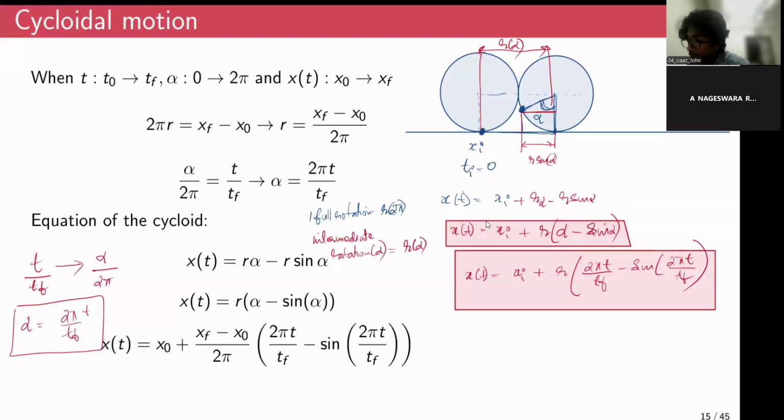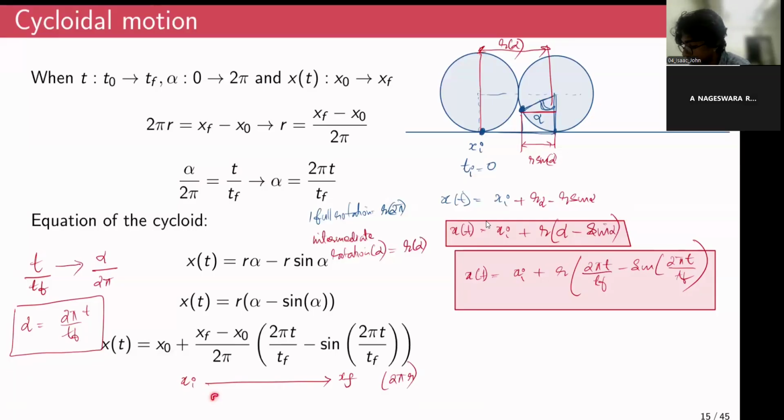For one full rotation, if you begin with an initial position xi, and if you end with the final position xf, the distance between xi and xf is nothing but one full rotation of the cycloid, which is nothing but 2 pi r. The distance would be 2 pi r units, right? As it begins from xi and reaches xf, that entire distance is nothing but 2 pi r, one full rotation of the circle.